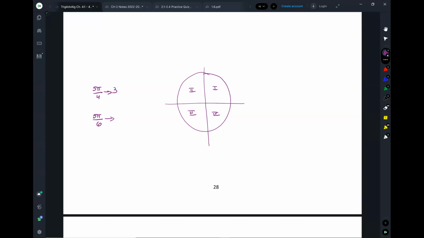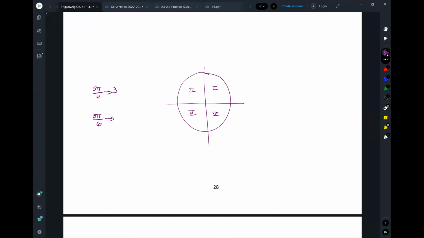This is 1 pi over 6. Now find the next coefficient over 6 that doesn't cancel. So 2 pi over 6, does that work? 3 pi over 6. 4 pi over 6, does that work? No. 5 pi over 6. That's the next one, right? So I went from 1 pi over 6 to 5 pi over 6. So that's the second item.